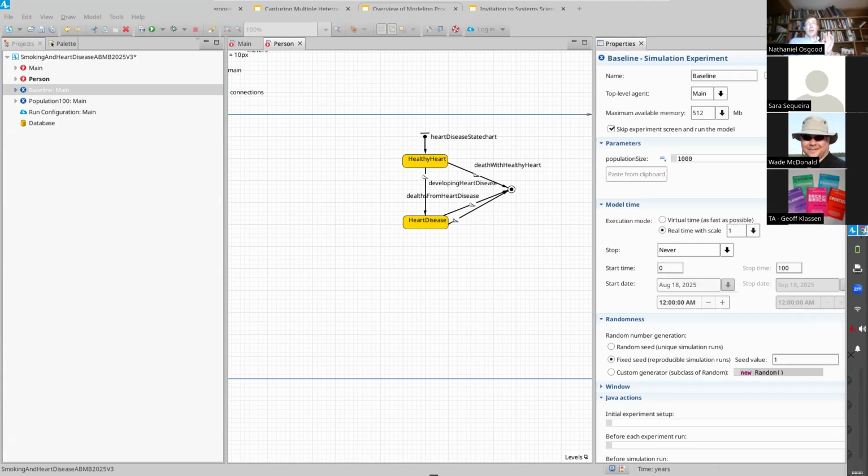I'm afraid if I try to rename the population, I might stir up a hornet's nest. Wade, do you want to comment on that? I think it'll throw an error because you've called remove person, and the name of that will now change to remove population, for example.